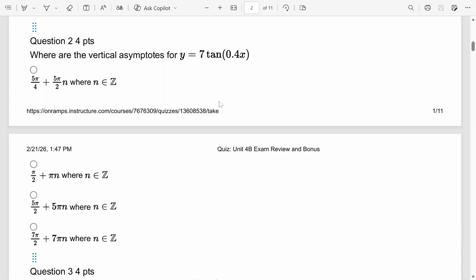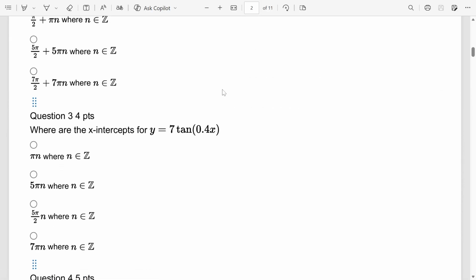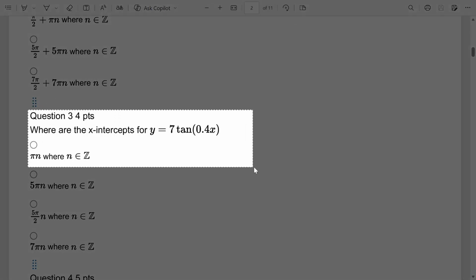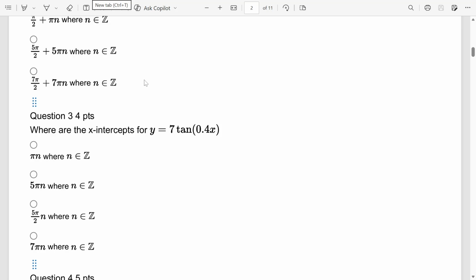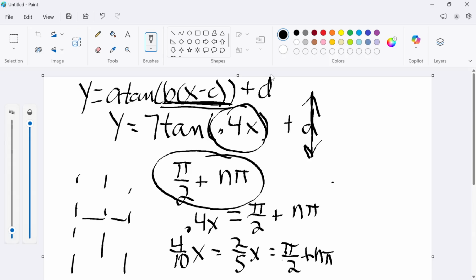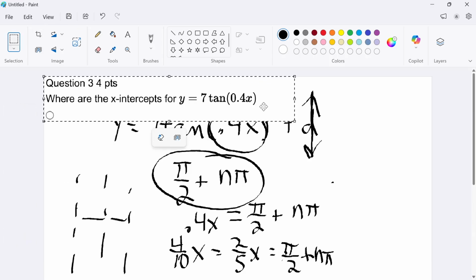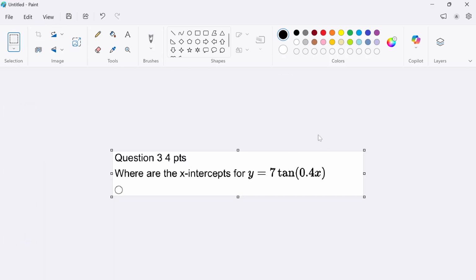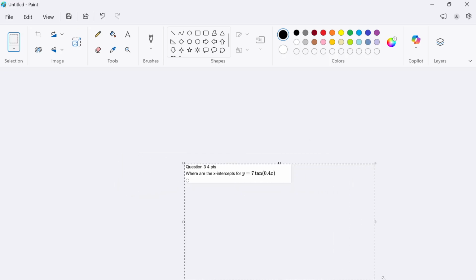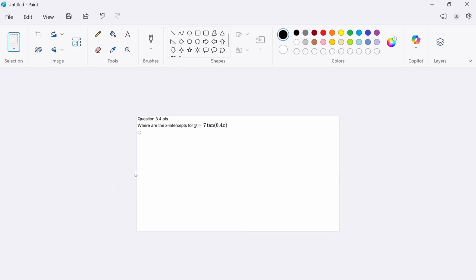Now the next question is, what are the x-intercepts? For x-intercepts, you do something different. And by the way, this Z means n is an integer: 0, 1, 2, 3, 4, minus 1, minus 2. So it repeats. Whenever you're looking for the x-intercepts for tangent, all you need do is set the whole thing.